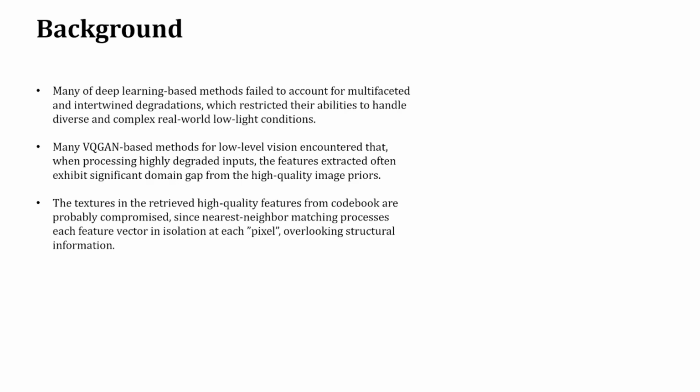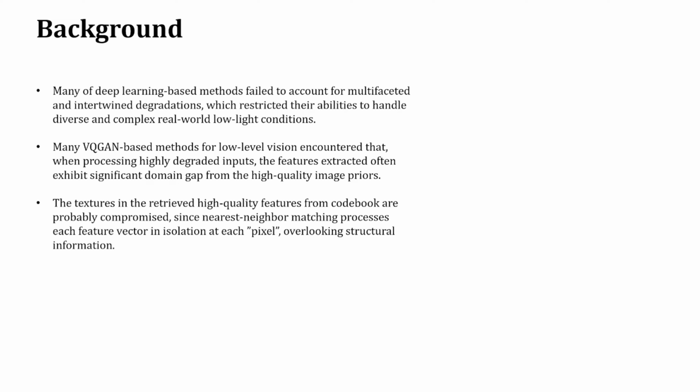There are several background factors for enhancing low-light images. First, most deep learning methods don't factor in all the different types of degradation that overlap and interweave with each other, and that limits how well they can handle all the various complex low-light scenarios in the real world.